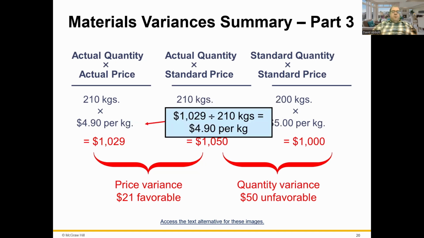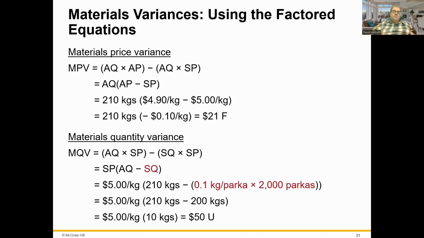Now, the actual price of $4.90 per kilogram was computed as follows. You have the amount that was spent divided by the number of kilograms that was used. That'll get you how much per kilogram. And then the equations that we have been using thus far can be factored as shown and used to compute price and quantity variances.